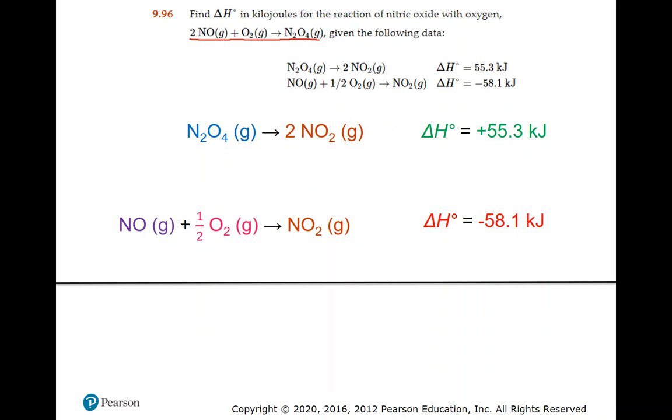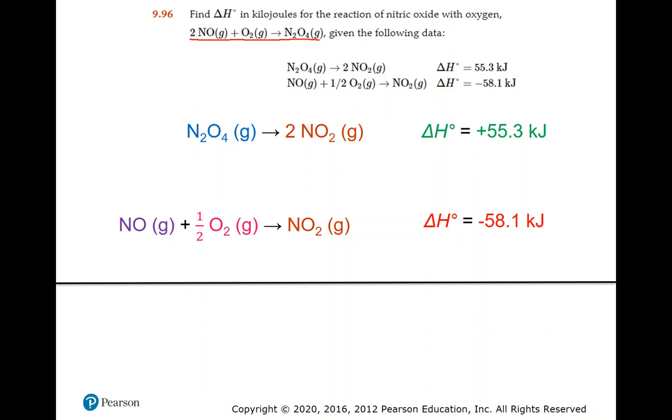And then for nitric oxide, NO, that's in purple, and our oxygen is in pink. And I've also, again, shown the standard enthalpy changes for those reactions, which are just the same numbers that you see above in the problem. And I've made the first step explicitly positive just to kind of make things a little bit clearer.